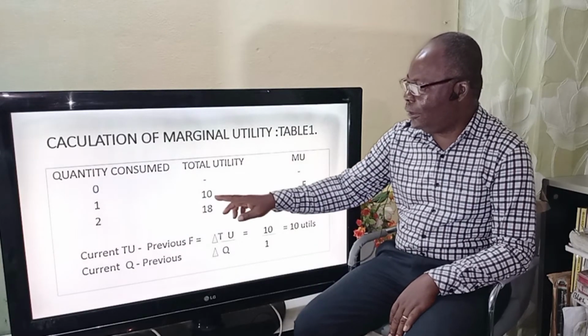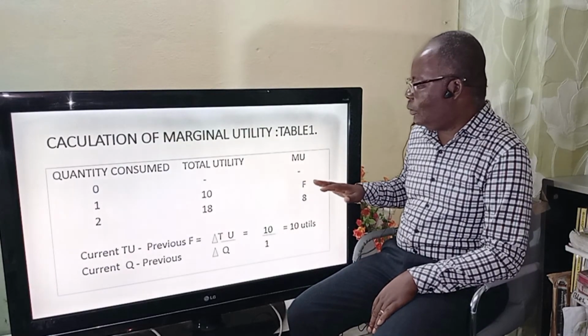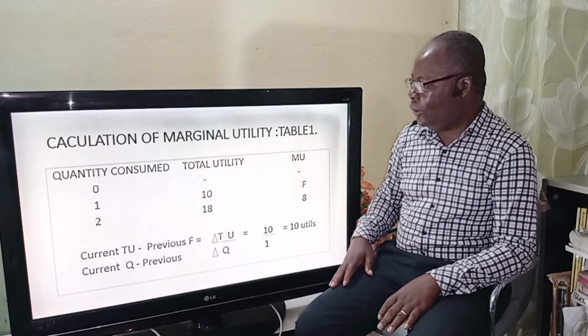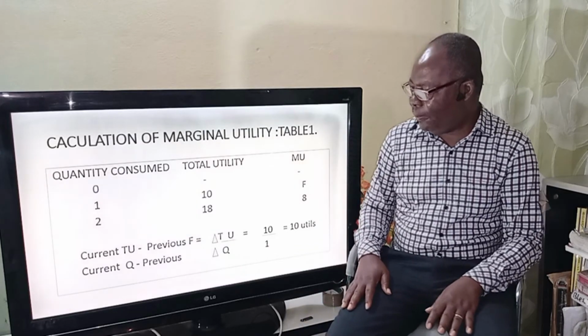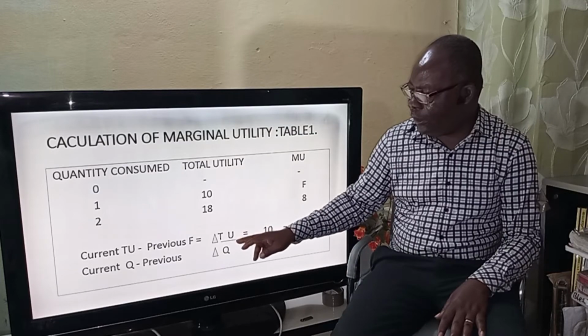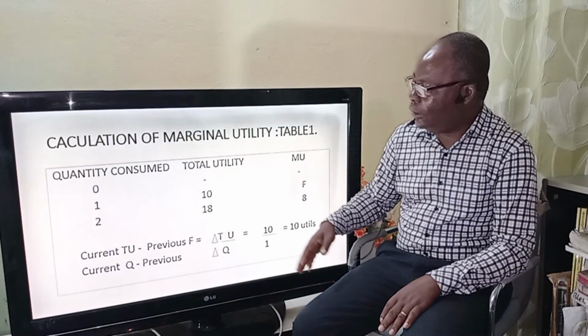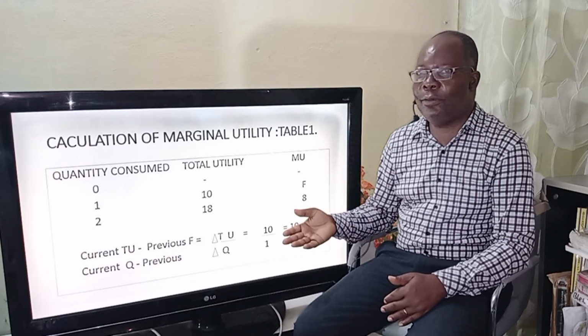At 1, total utility is 10. Then marginal utility is what we don't know. So to obtain marginal utility, we need to use the formula, change in total utility over change in quantity. Now when you look at the change, you have the current minus the previous.